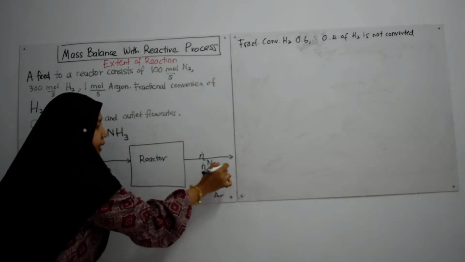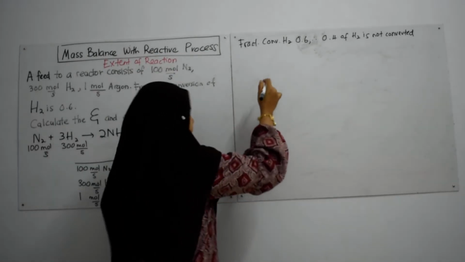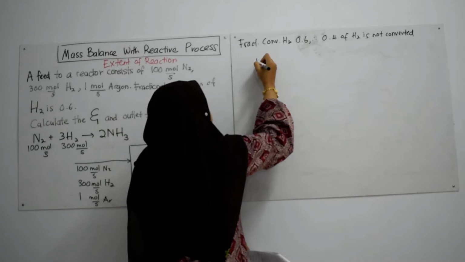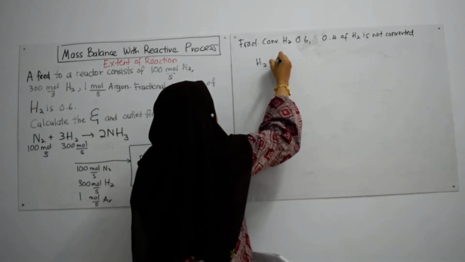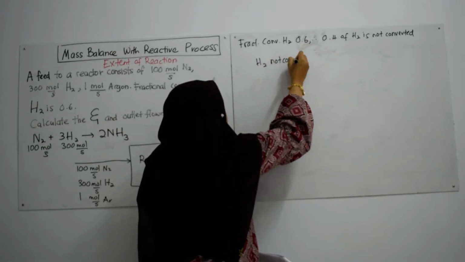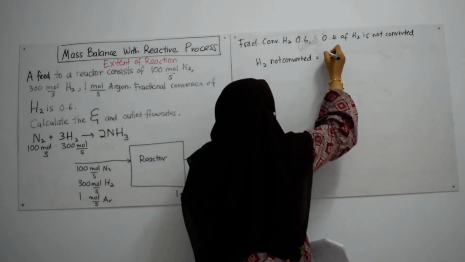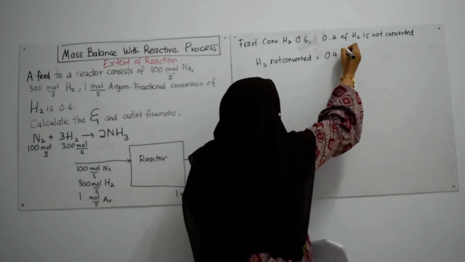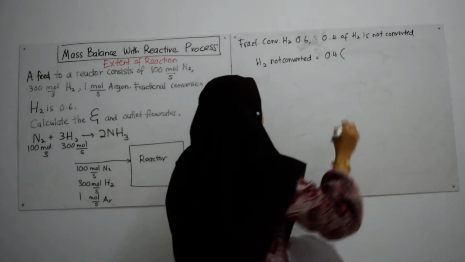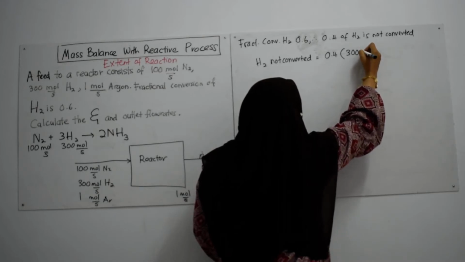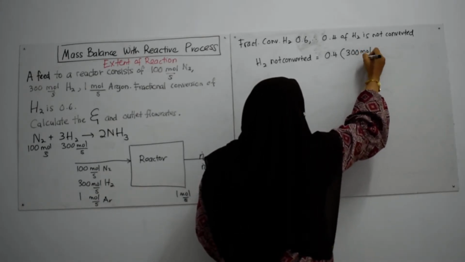So what we'll do is find this one first. H2 not converted is equivalent to 0.4 times the feed of hydrogen that goes into the process.